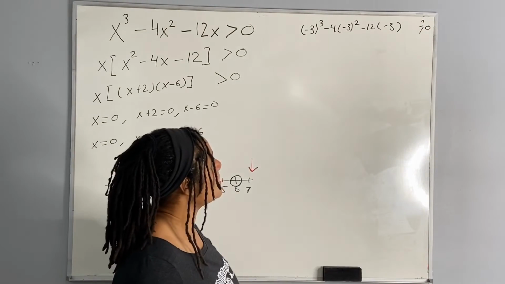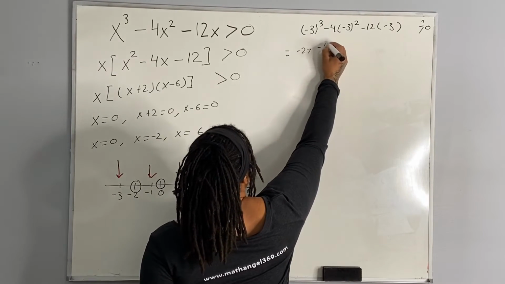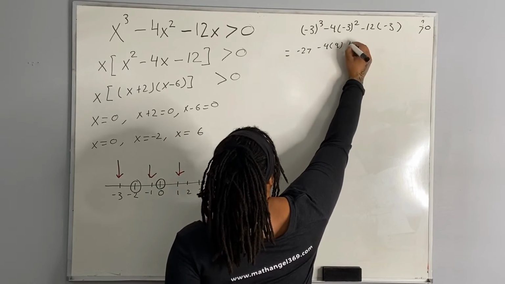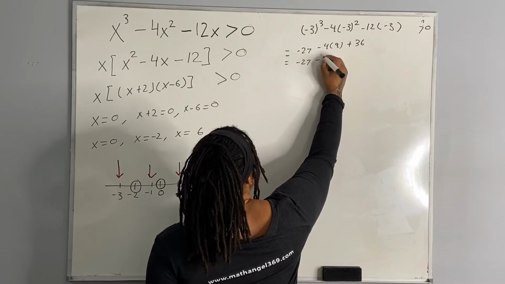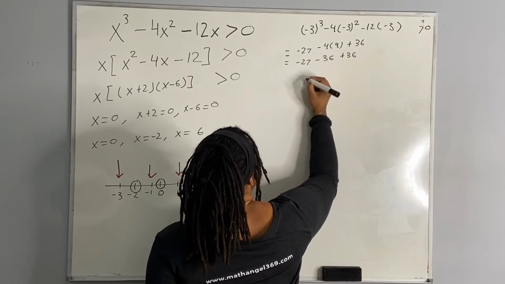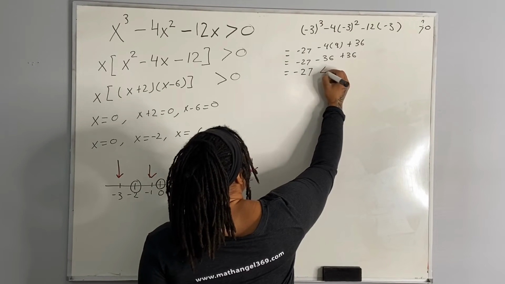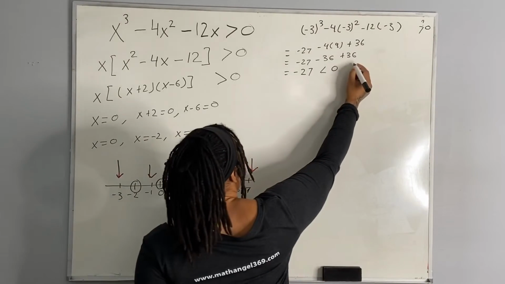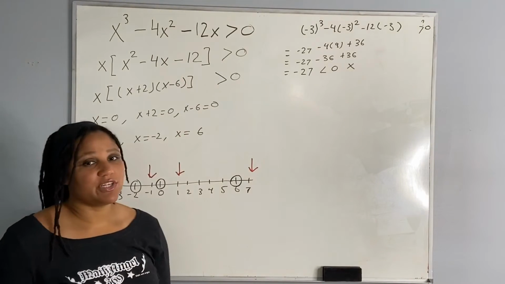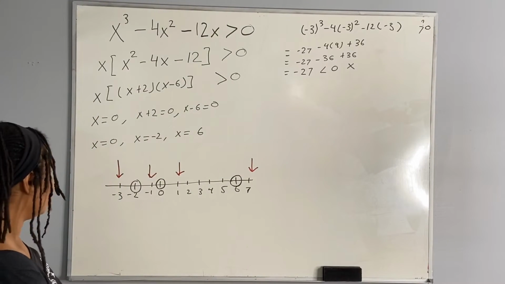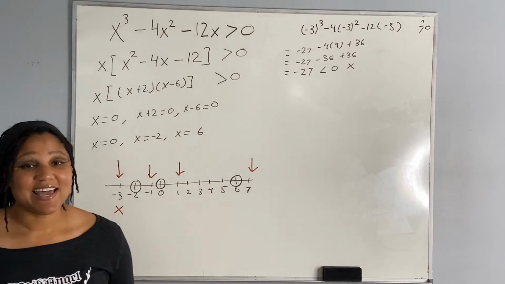What I've written here is equal to negative 27 minus 4 times 9 plus 36, which means we get negative 27 minus 36 plus 36, which means we get negative 27. Negative 27 is less than 0. Therefore, it does not agree with our original inequality. So everything below negative 2 is not a solution.